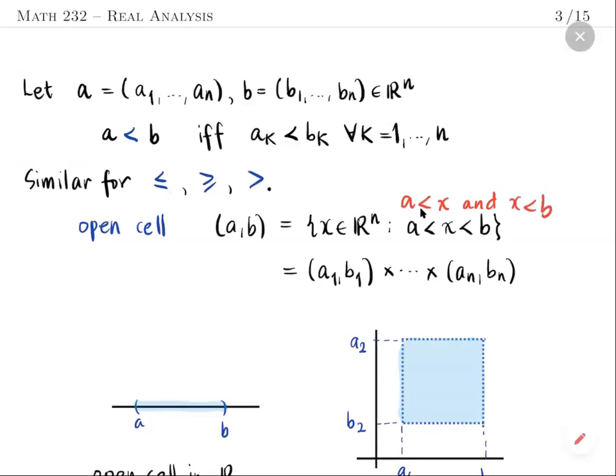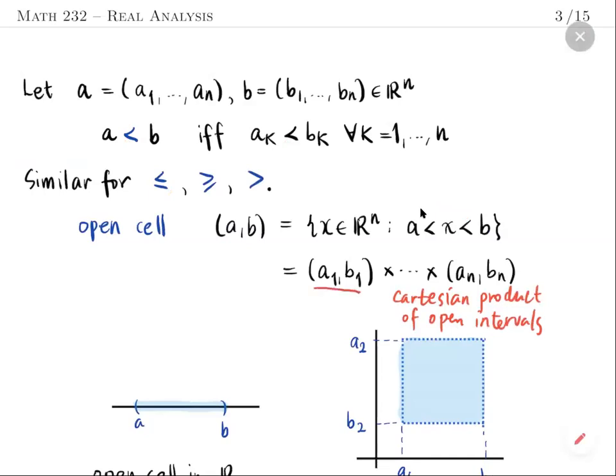Since these are vectors, the order relation here should be understood in this sense. Of course, one could immediately show that this is the Cartesian product of open intervals, and these intervals are namely the intervals corresponding to the components of the vectors a and b.